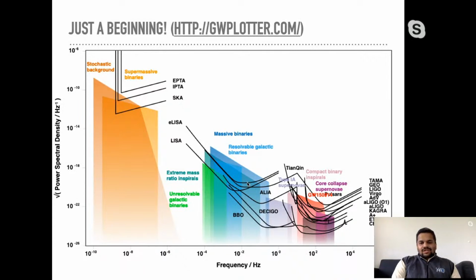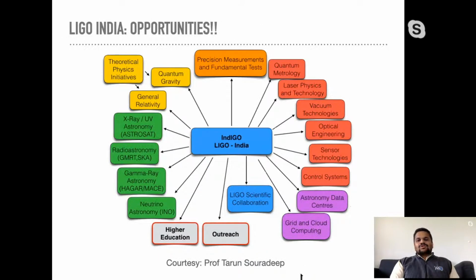So this is a new frontier and adventure, and how you people fit in, apart from people who are interested in astronomy but also from an engineering perspective, is here. This is courtesy of Professor Tarun Souradeep, who is now at IISER Pune. So LIGO-India connects all these different areas of physics and engineering and education together.